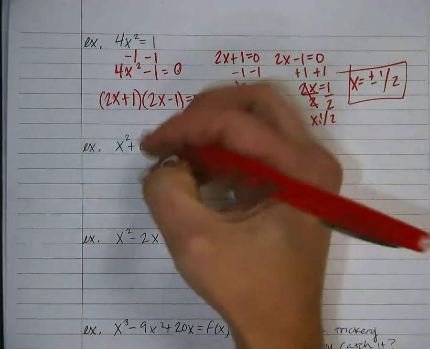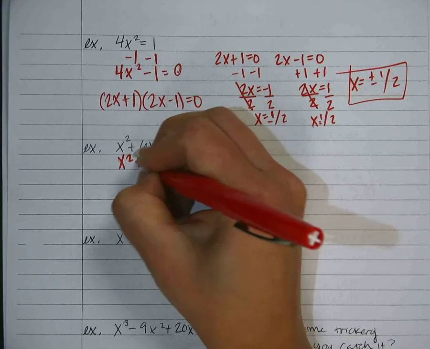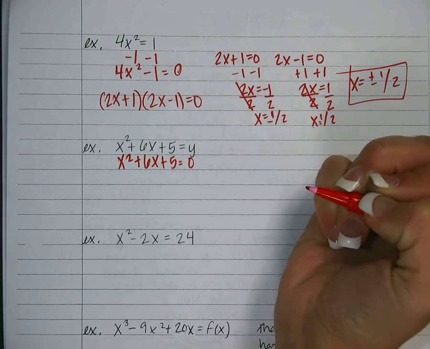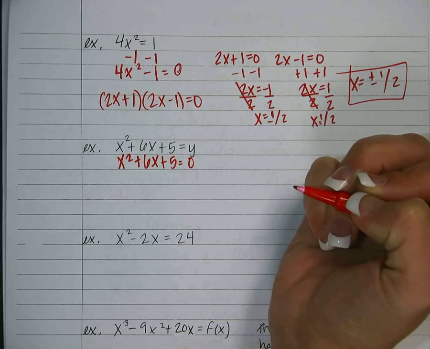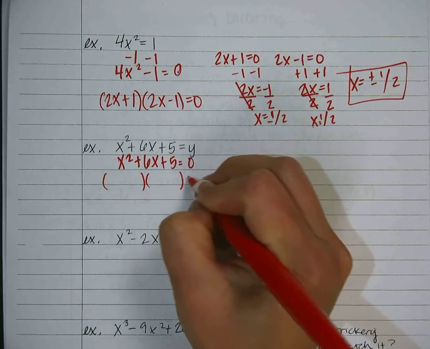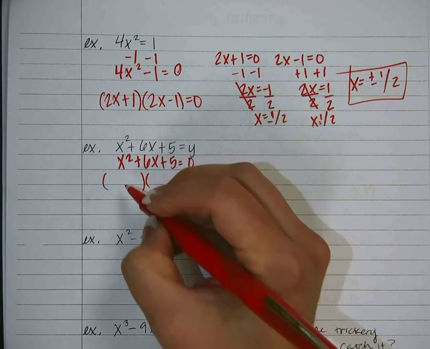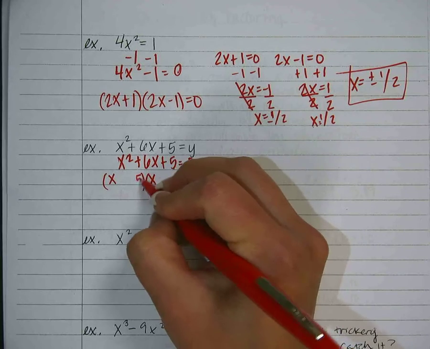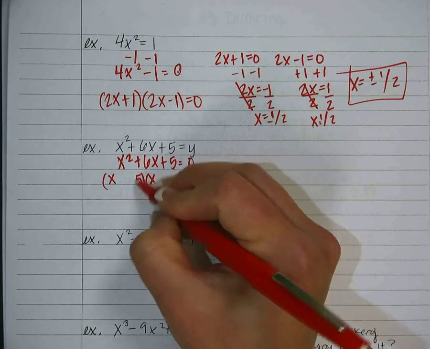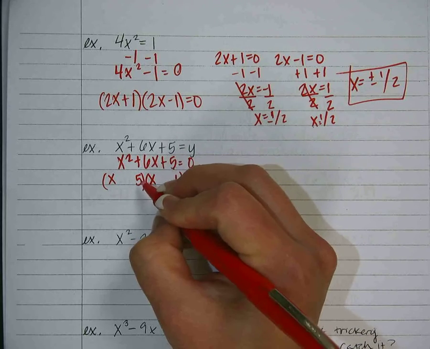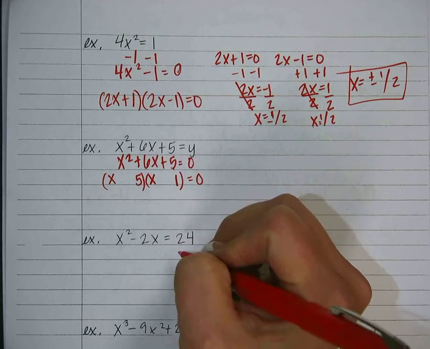Okay, so my first step, I need to replace y with 0. Then I need to factor. X squared splits into x and x. 5 splits into 5 and 1, because 5x plus 1x gives me 6x, and also 5 times 1 multiplies to 5.